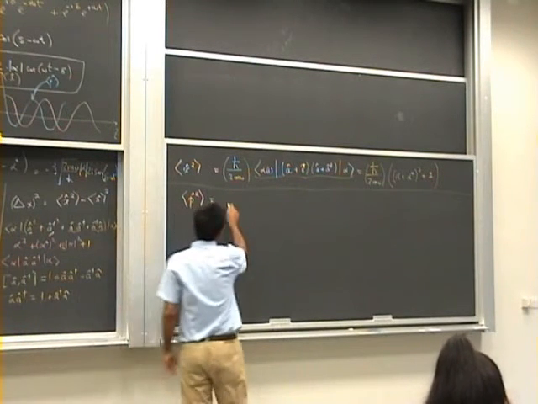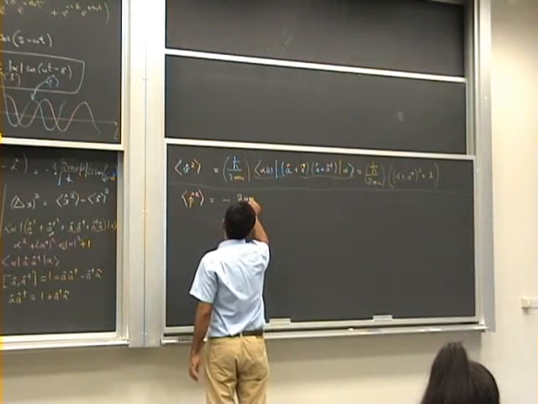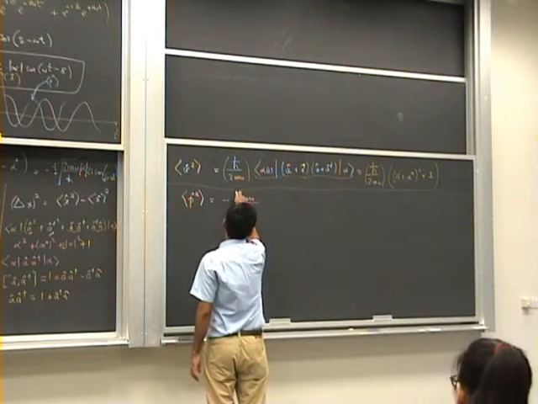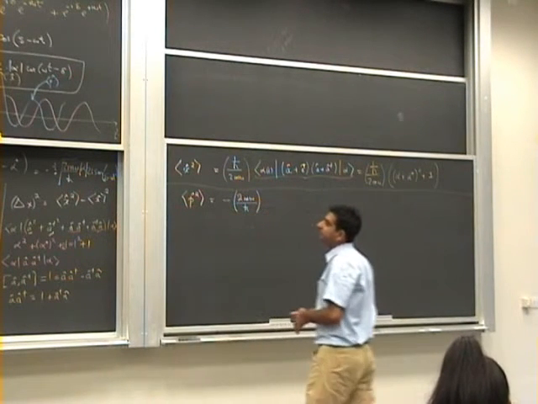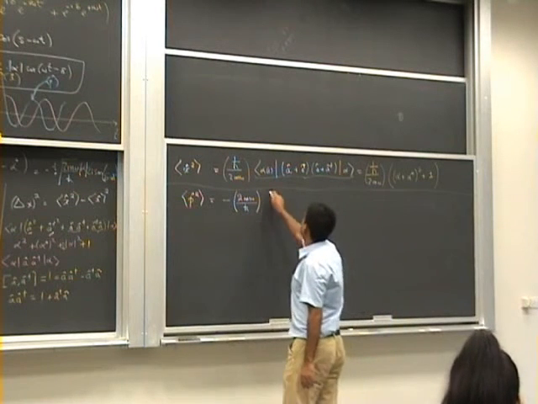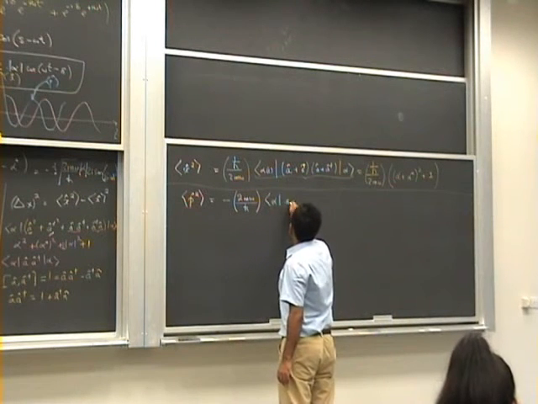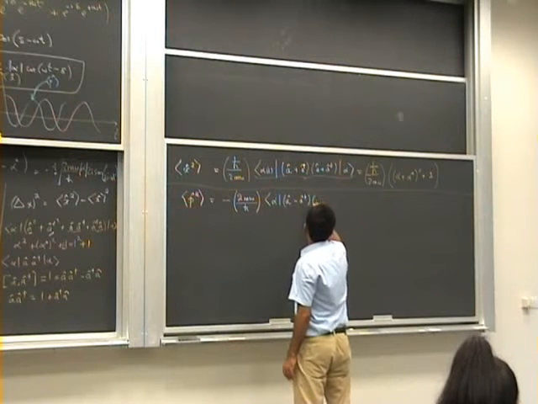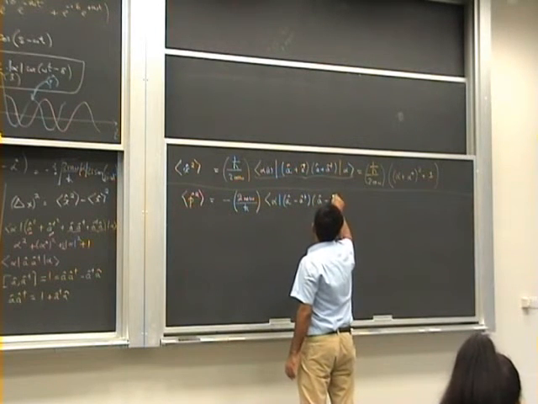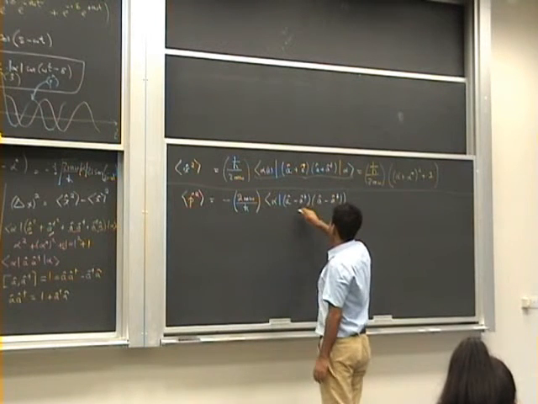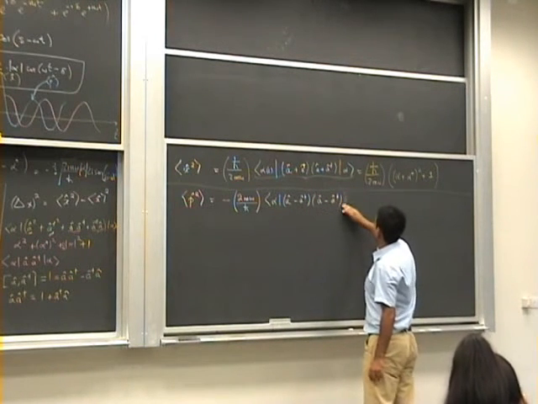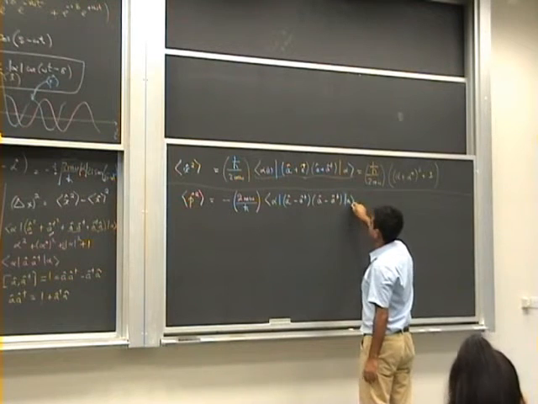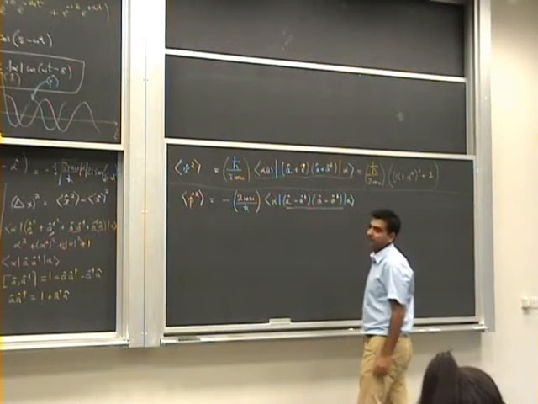So I get minus 2m omega over h bar here, without the square root. I can't just take the square because these operators don't commute.